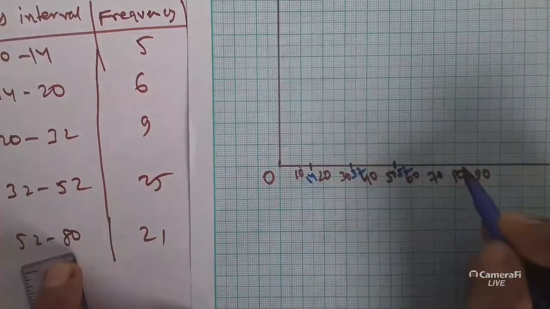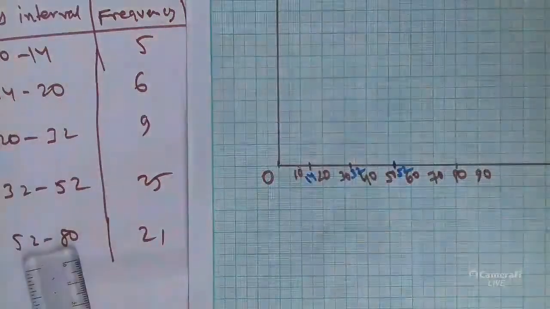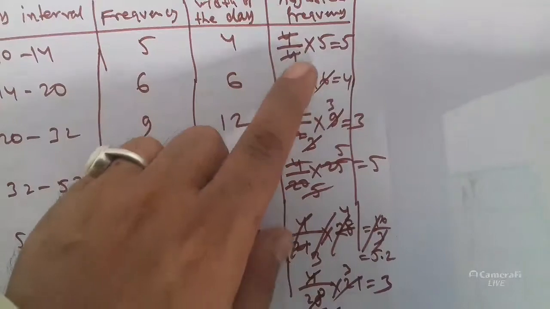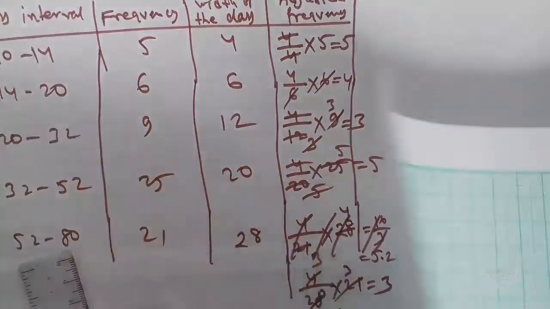Then 52 to 80. Now we have to draw the graph. First of all, the adjusted frequencies are 5, 4, 3, 5 and 3.